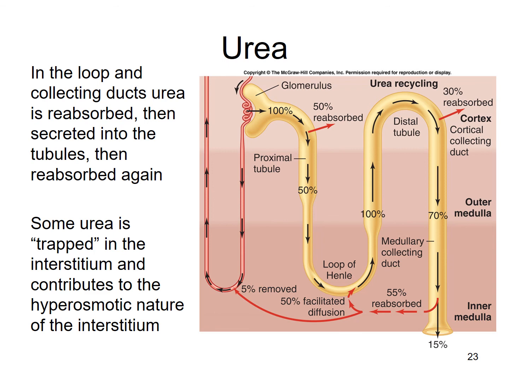So you're going to get 50% that's brought back in, leaving your urea concentration at 100% of what it originally was in the filtrate. So you continue on around the distal convoluted tubule, and in the renal cortex, you're going to get 30% reabsorption into the interstitial fluid surrounding the tubule, which is going to leave you with 70% of the urea that was originally filtered.